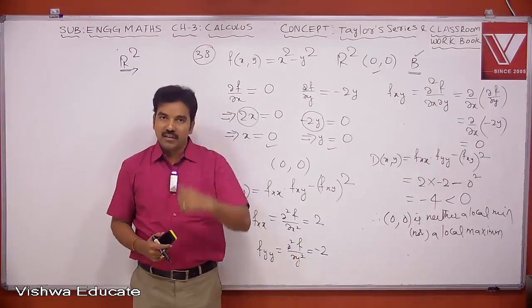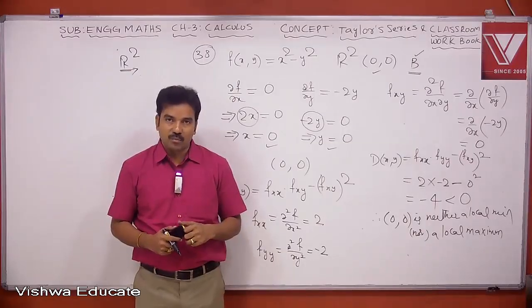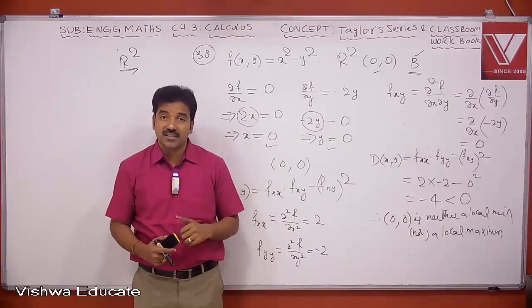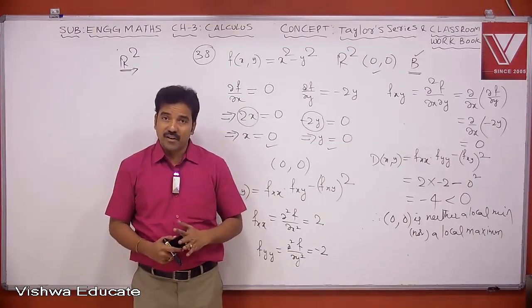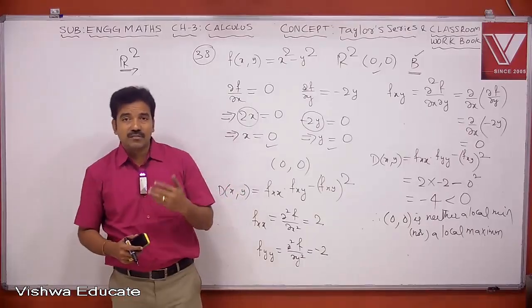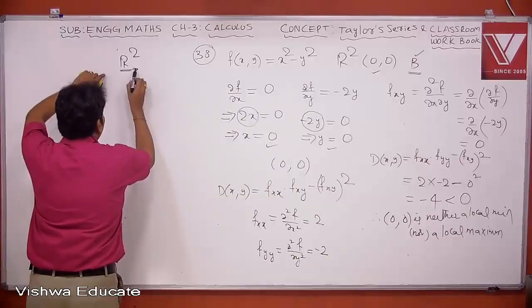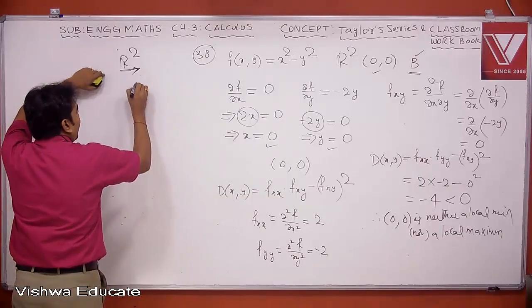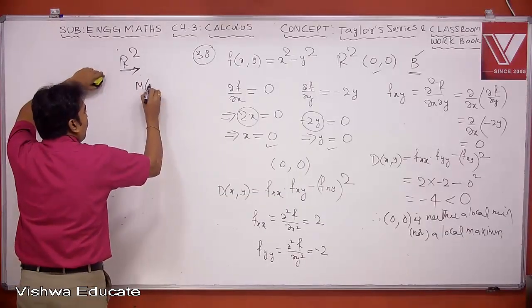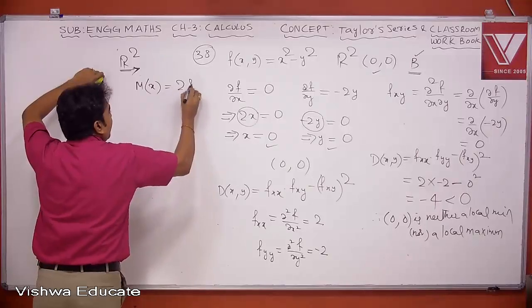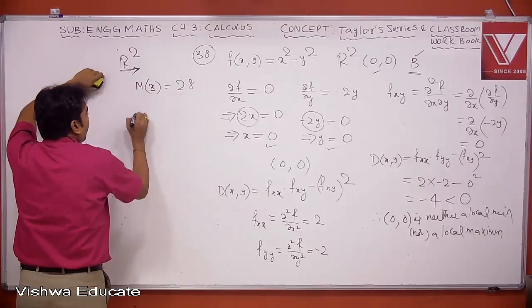Then I will ask another student in the class, what are your marks? He or she may say 38. Some student may say, for example, 47. Suppose there is one student in the class whose marks are, for example, marks of x is 28. So x is a student roll number.